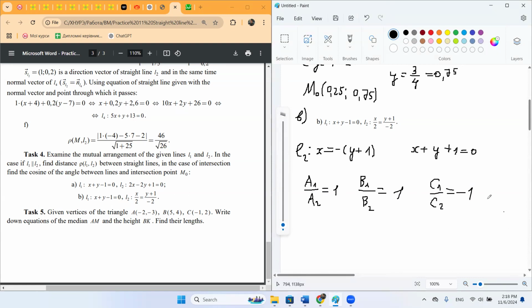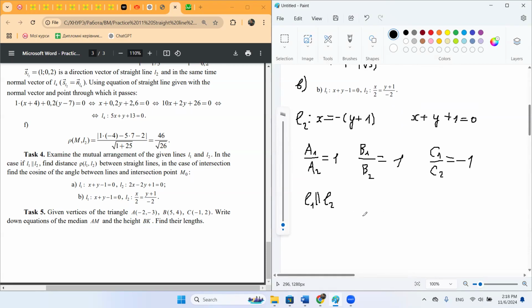So it means that this is not the same line, so lines L1 and L2 are parallel. Now we have to find the distance between L1 and L2. And do you remember how to find the distance? Your ideas?